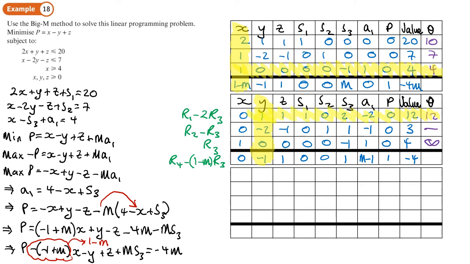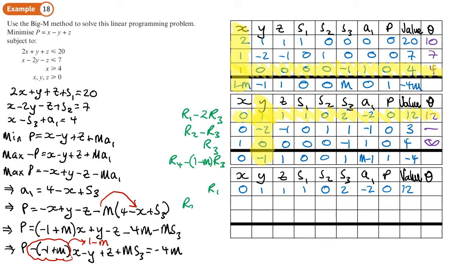So my pivot value is 1, which means that row is going to become unchanged. So let's just copy that in. 0, 1, 1, 1, 0, 2, negative 2, 0, 12. So this is our new row 1. What we're going to do to row 2, well, we're going to add 2 lots of row 1.